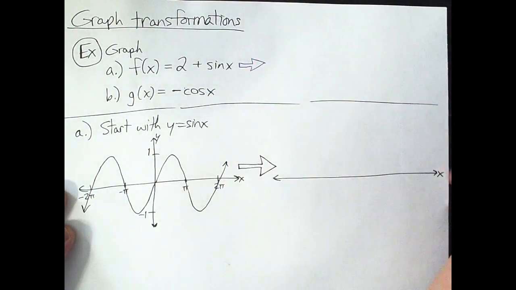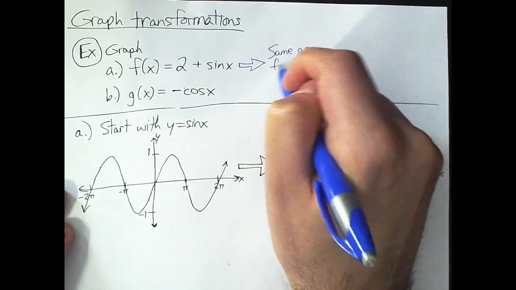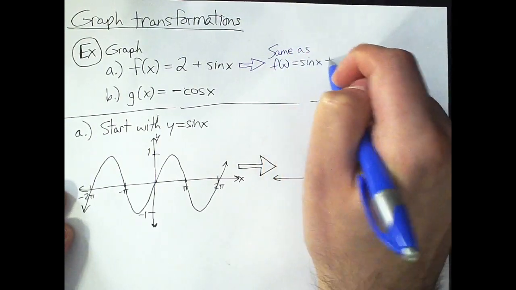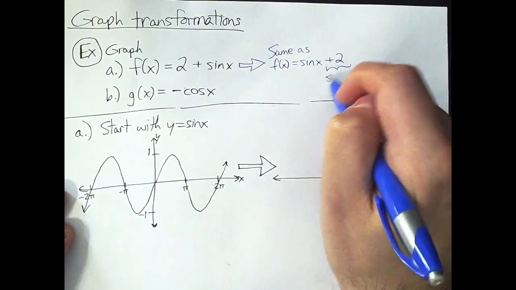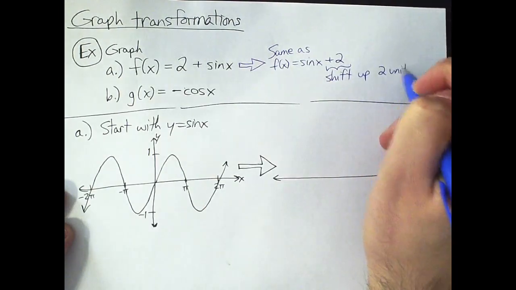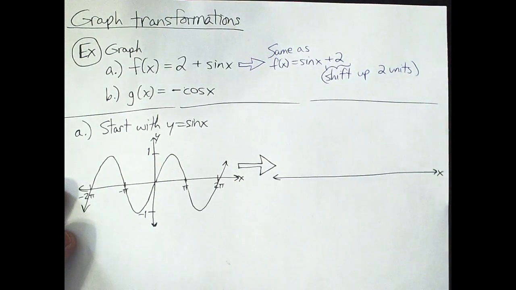I'm going to write up here where the problem is that this is the same as saying f of x equals sine x plus 2. And having a plus 2 on the outside means shift up 2 units. So that's what we want to do. We're going to take the graph of sine x, shift it up 2 units.